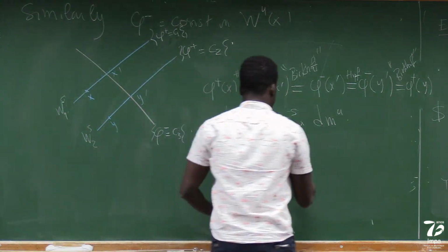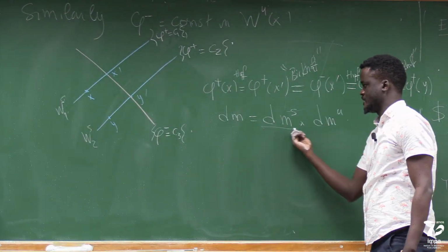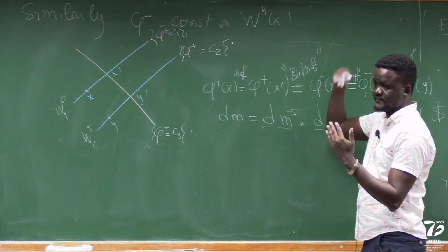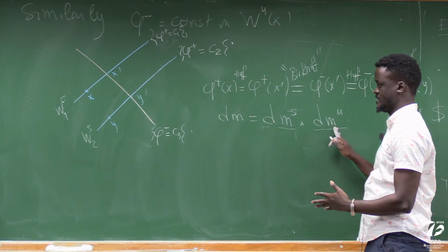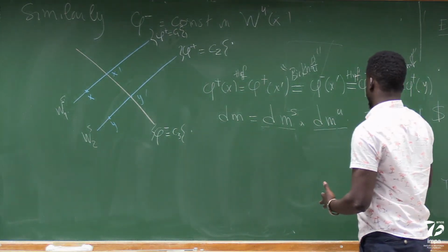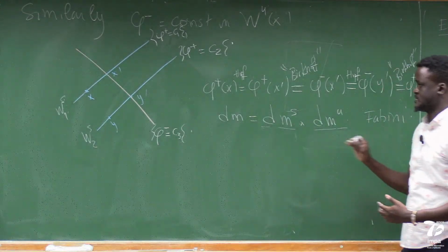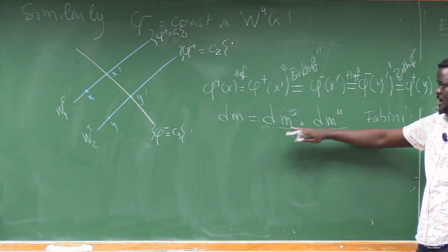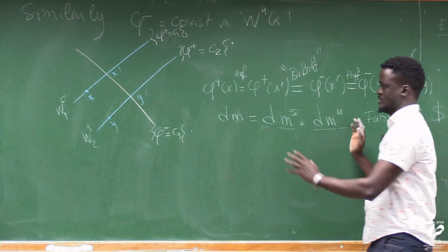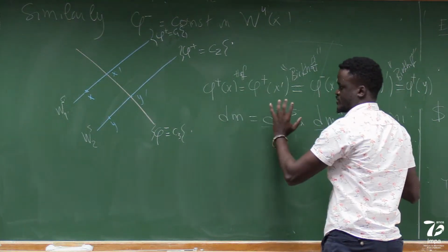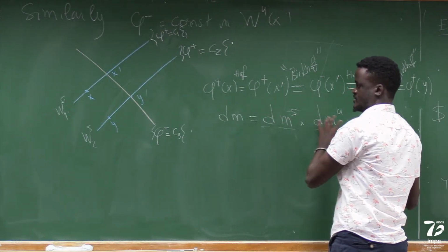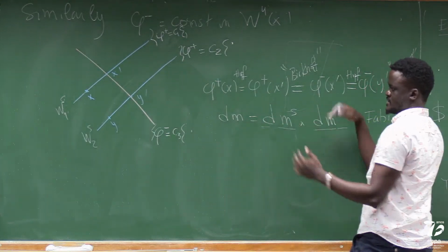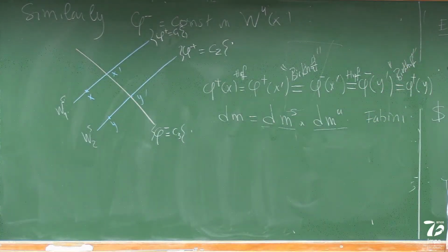Each of them is Lebesgue measure on the leaf. So a full Lebesgue measure here is a product of full measures, when restricted to the leaves.